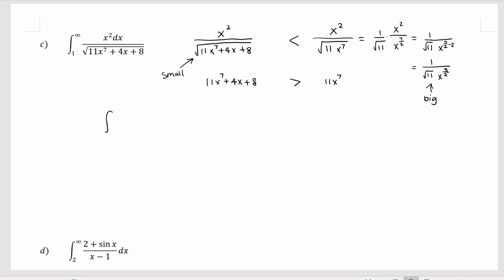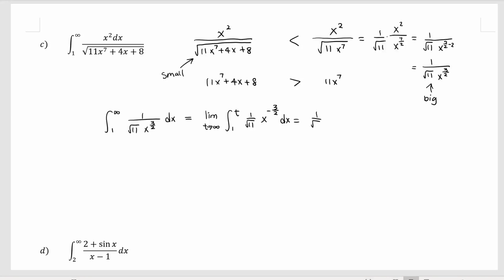Okay, let's integrate from 1 to infinity. So the improper integral, and then 1 over the square root of 11 stays there. We put it in the standard form.